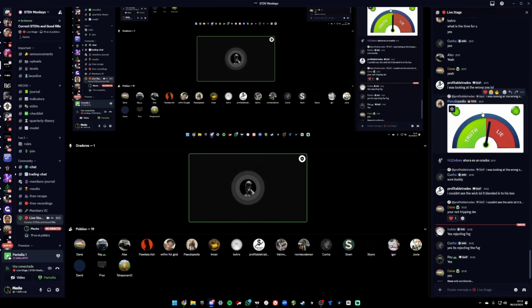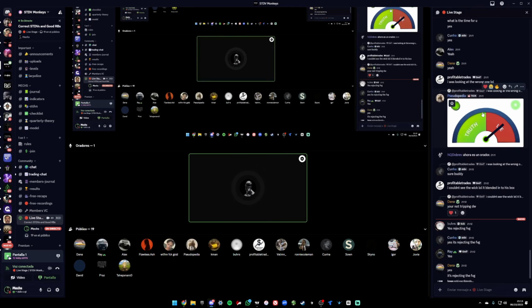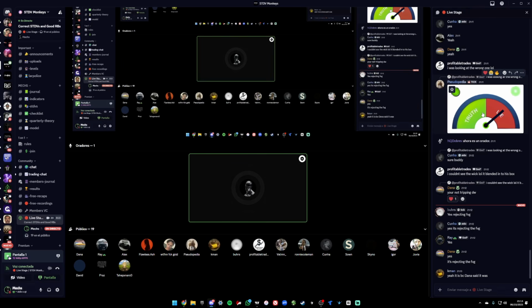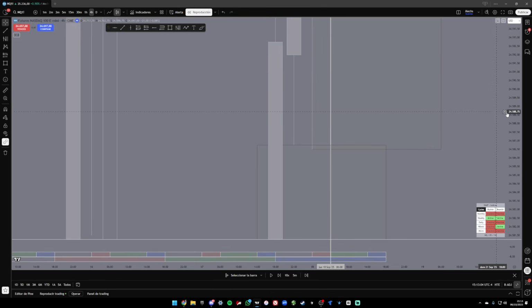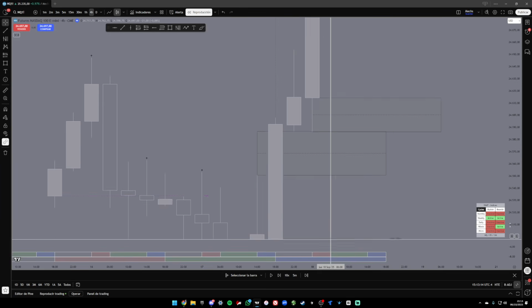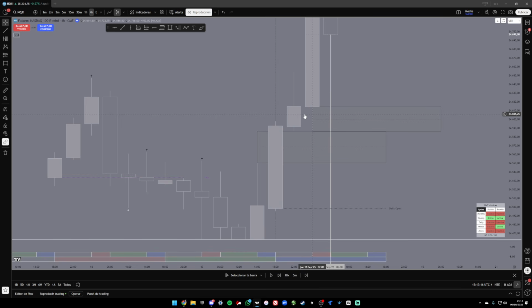Okay, yes, it's rejecting the fair value gap, and also keep in mind that we're on the 4-hour time frame and it's sweeping 4-hour liquidity here, this low. It's being swept, so this is a good rejection block because it's rejecting the 4-hour gap and also sweeping the previous 4-hour week.